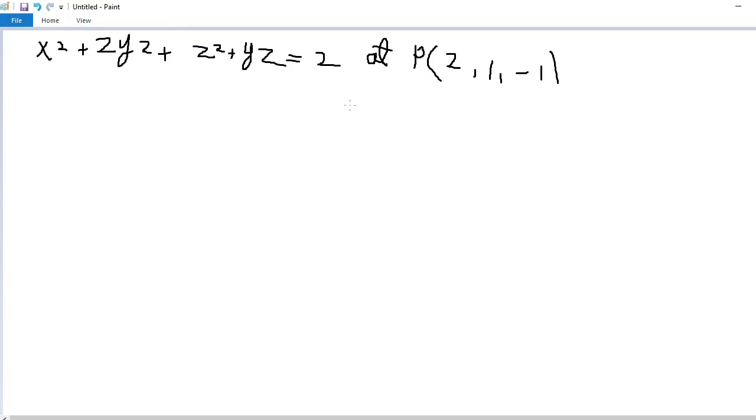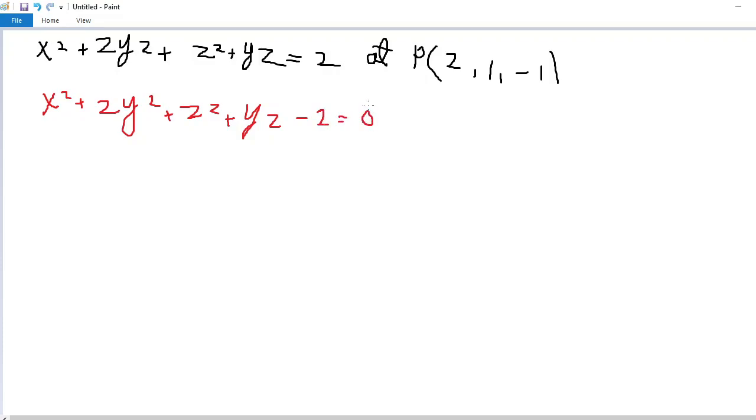So I need to move this 2 to the left side. So from here I can say x squared plus 2y squared plus z squared plus yz minus 2 equal to 0.